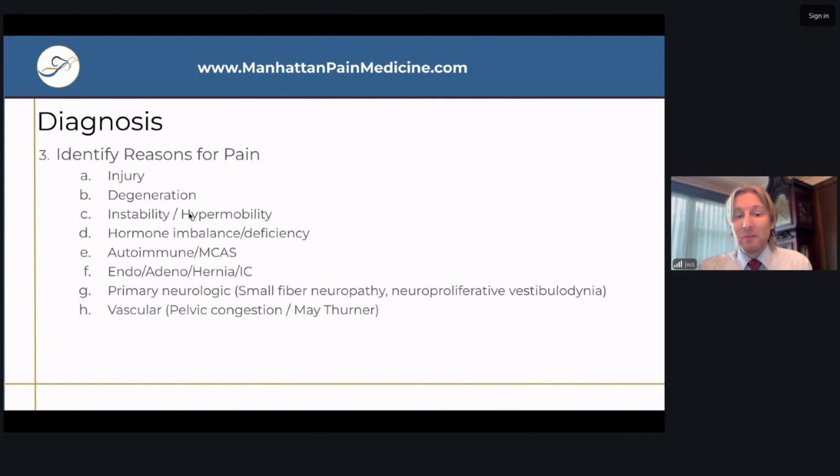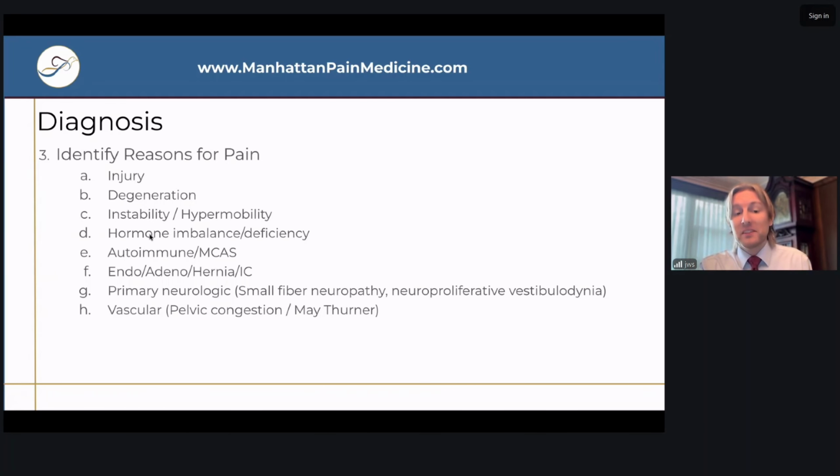A lot of patients come in with pains and they don't realize that they're actually hypermobile, and it's the guarding of that instability that is leading to the pain. So identifying the hypermobility as the primary source, as the driver of the pain that brought them in, is important, because if we don't treat it, it's not going to get any better. They'll continue to have pains.